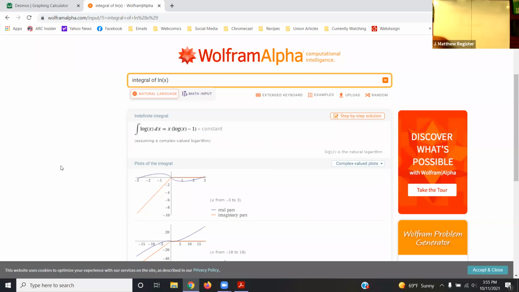Wolfram Alpha refers to log as the natural log, which is different from mathematics. That's because it was developed by computer engineers. And so if you were to write the answer for the integral of natural log of x as x log of x minus 1, that would be incorrect. Wolfram Alpha struggles with logarithms.